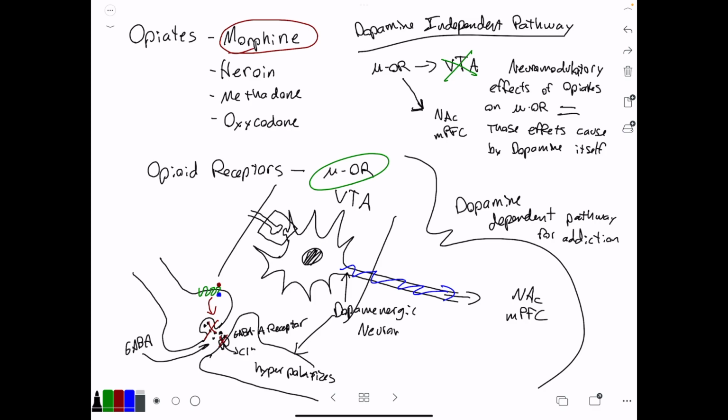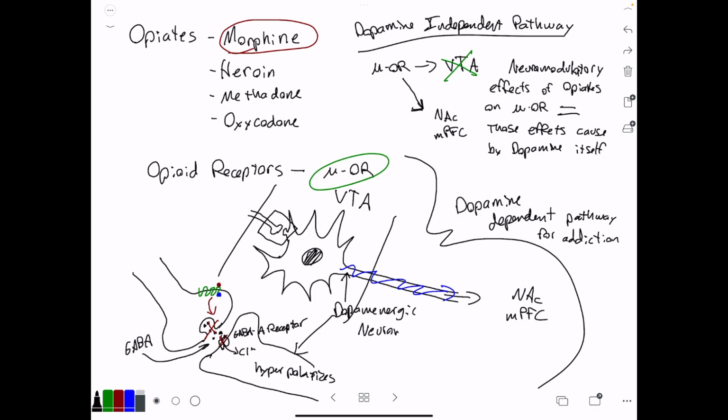it's causing the same effect. So the combination of the opiates and the mu opioid receptor is a dopamine mimic in a sense. It's causing the same neuromodulatory effects in the nucleus accumbens and the medial prefrontal cortex that you get with dopamine.